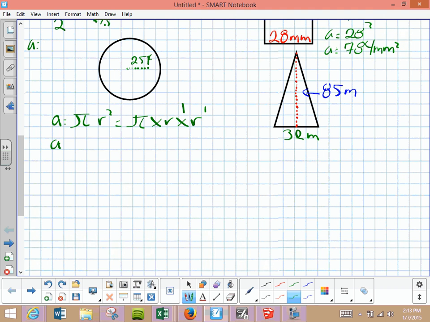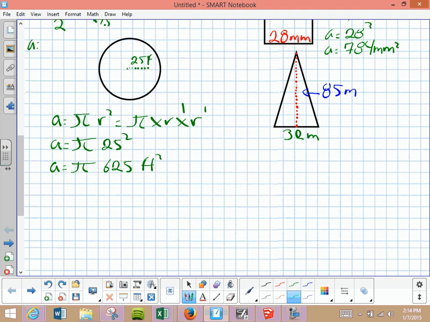So what is the radius? 25 squared, right? What is 25 squared? 625. Sometimes your answer is going to be just like that. It'll say pi times 625 square feet. That'll be it.